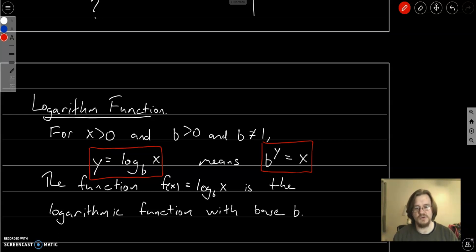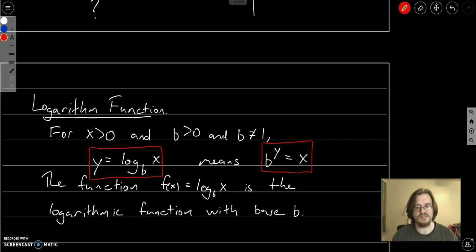And these two equations mean the same thing. They are exactly identical. We've just written them in different ways. B to the y power is equal to x, or y is equal to the log base b of x.